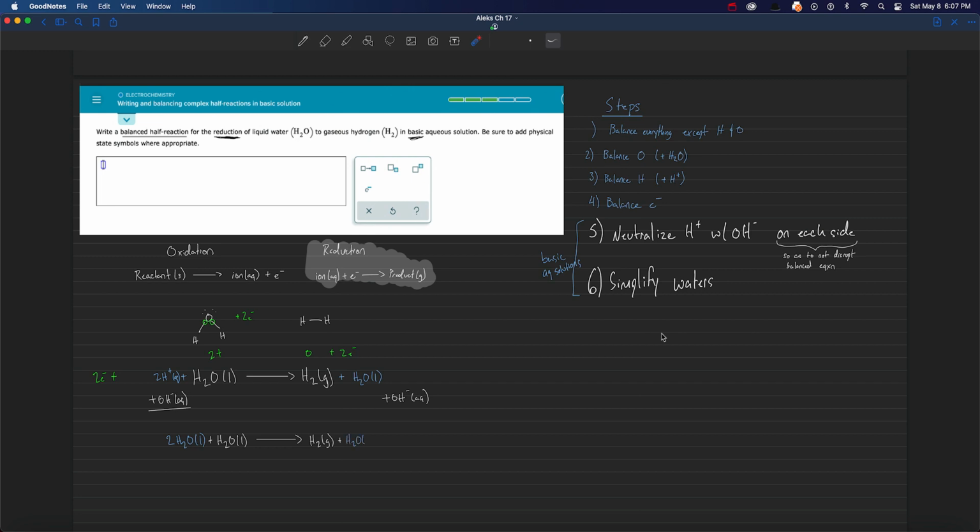Okay. And finally our OH that we added to both sides. Oh, sorry, this was 2 OHs, 2 OHs to both sides. That would have been an easy mistake because there's 2 hydrogens, 2 OHs.